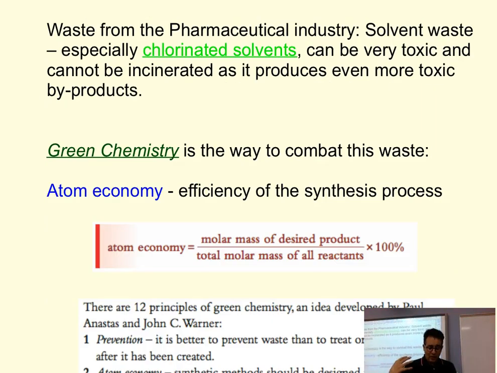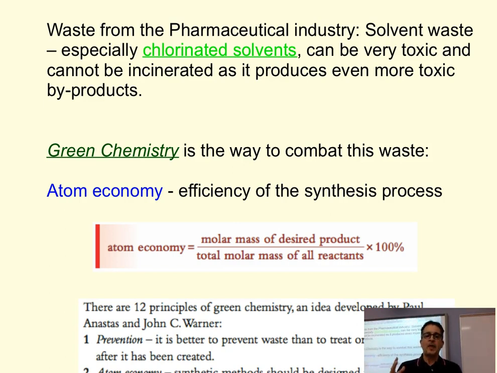Finally, the largest fraction of the waste that comes because of pharmaceuticals is not the chemicals themselves, it is the solvents used to make those particular drugs and medicines.